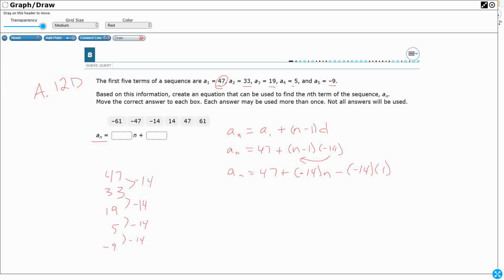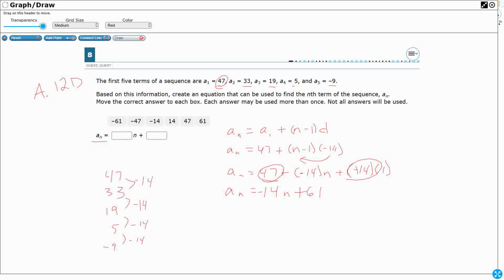So if we get rid of all these pluses and minuses, we end up with a sub n equals, I'm going to bring this negative 14 up to the front. It's going to be negative 14n. And then what I have here is a minus minus that ends up being a plus 14, right? Plus 14 times 1. So I end up with 47 plus 14. So that ends up with a plus 61.